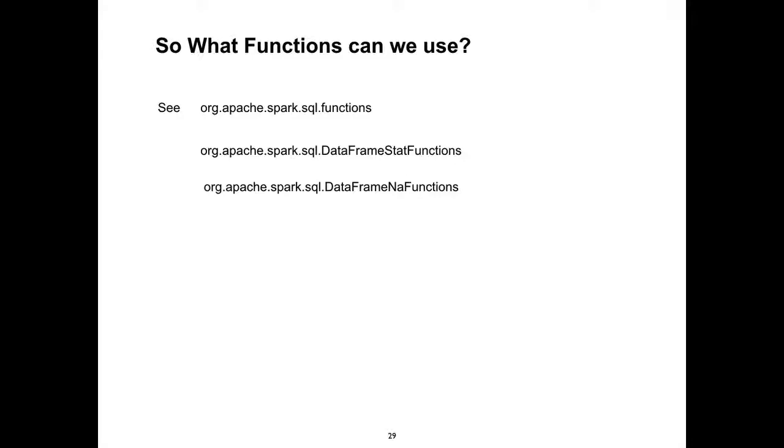But at least you can have some hope of looking for what's embedded in a string. It's like, well, there's some parser embedded in Spark, which is parsing that string. Where's the documentation? And this is where you find it. Any questions?